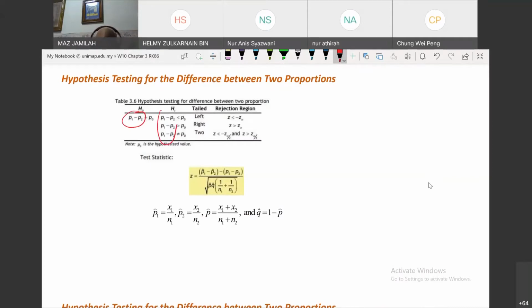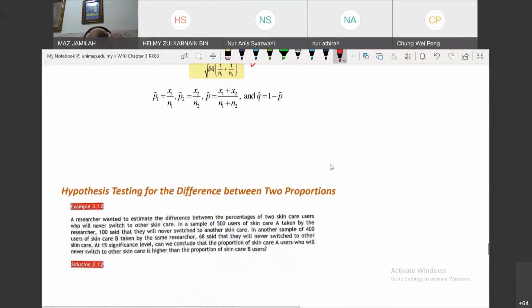We are going to compare with the hypothesized value of the proportion, either 0 or any other defined value in your question. The rest is almost the same. It's just that you are going to have this particular consideration for hypothesis testing for two proportions. Now let us look at the first example.